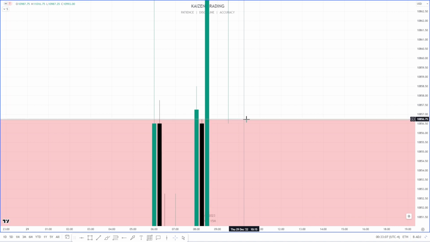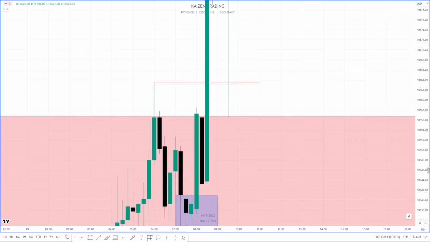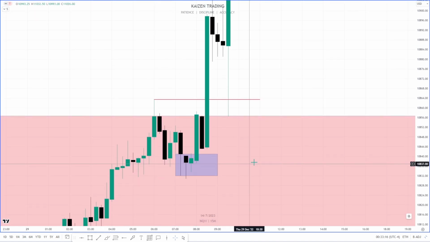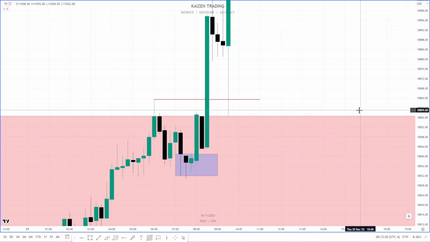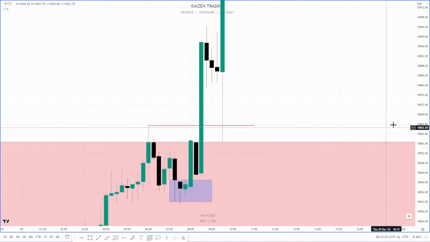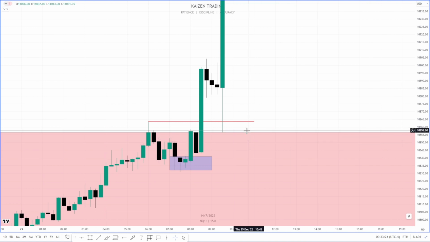So again, this is the importance of meshing what the higher time frame is telling you, because then when you start looking for setups that are going in the correct direction of the higher time frame, they're going to work out in your favor really well, and you're going to get very minimal drawdown.